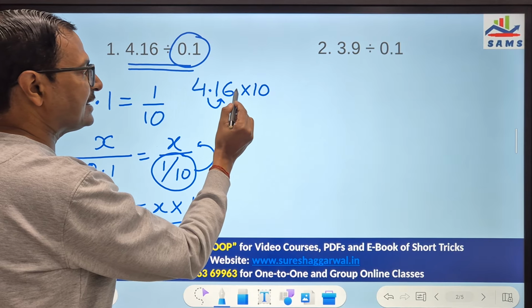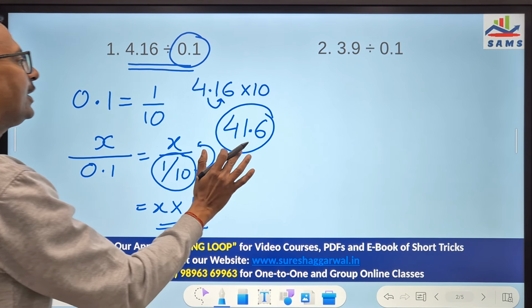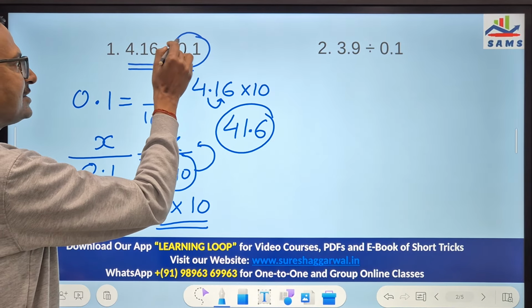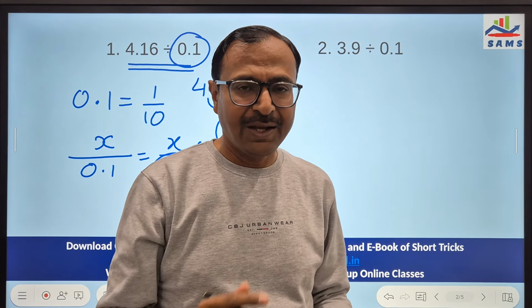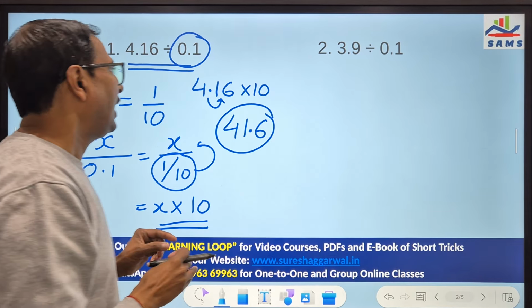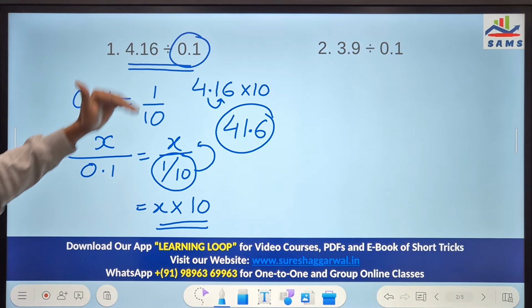So 4.16 becomes 41.6. Now you can pick up the calculators and check. 4.16 divided by 0.1 will give you 41.6.